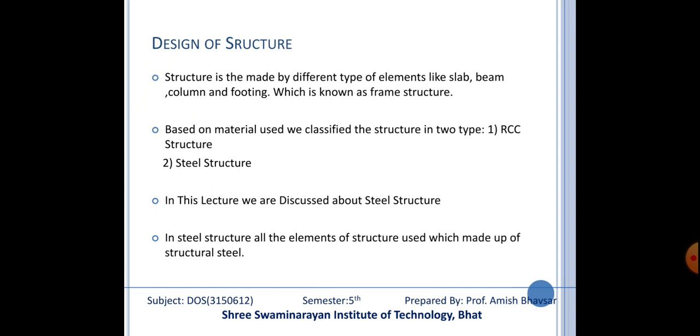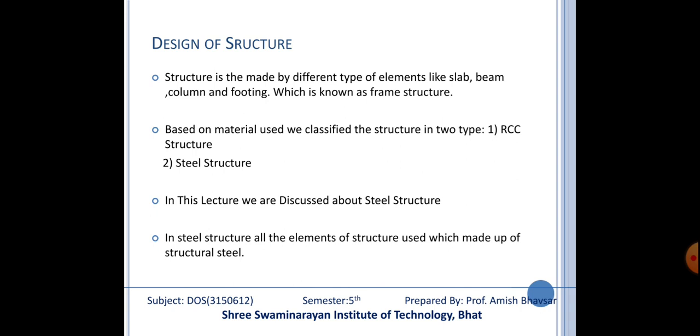First I am talking about the slab. The function of the slab is to cover the whole building and resist the load coming from the top and transfer it to the beam. Number 2, beams. The function of the beam is to resist the load coming from the slab and walls and safely transfer it to the column. Number 3, column.